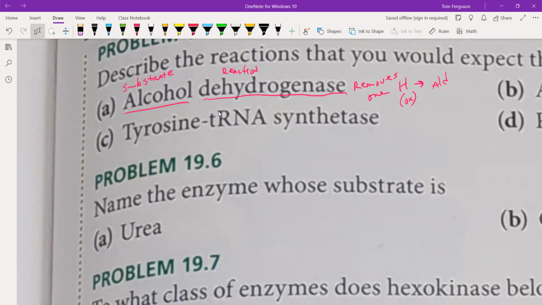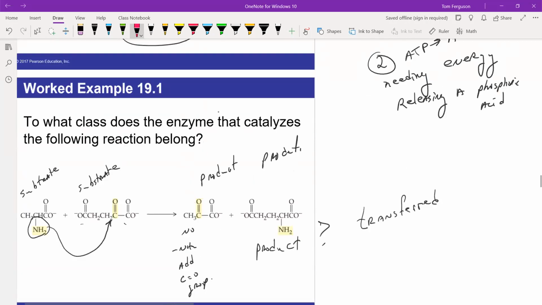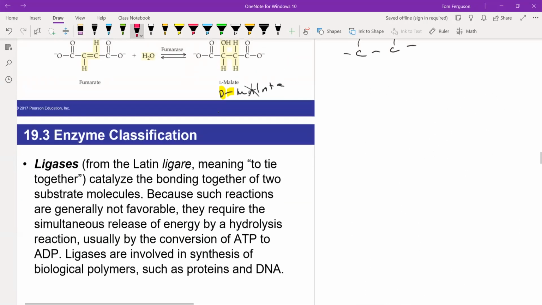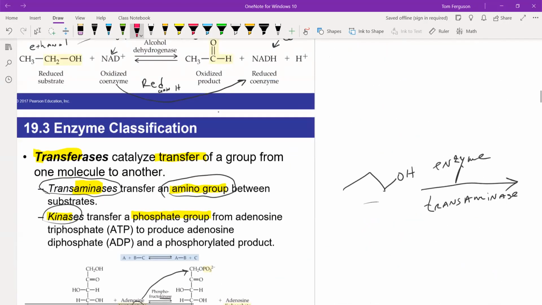Okay. So here's our substrate. And what does a synthase do? Well, let's go up here to our original chart.